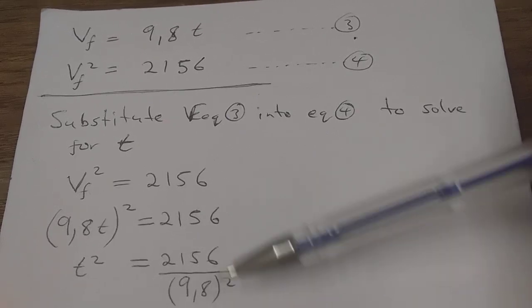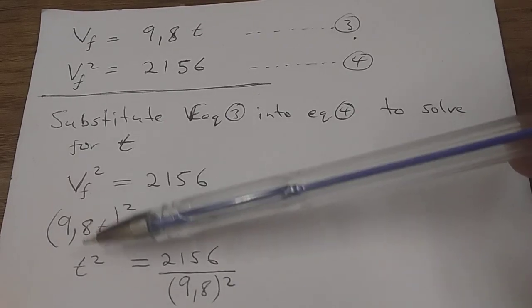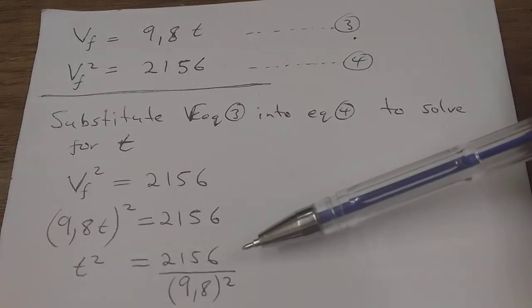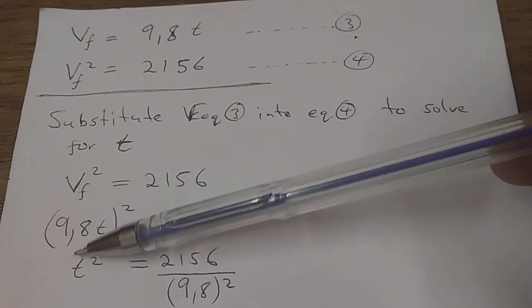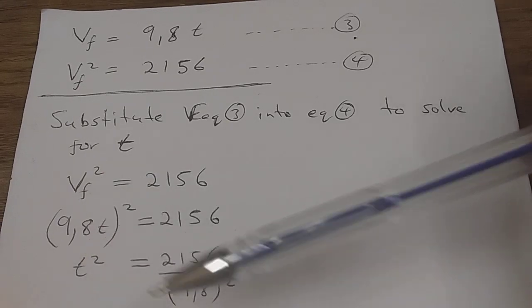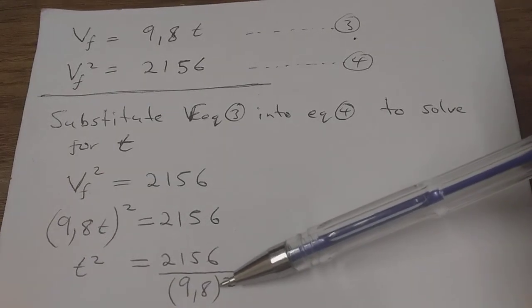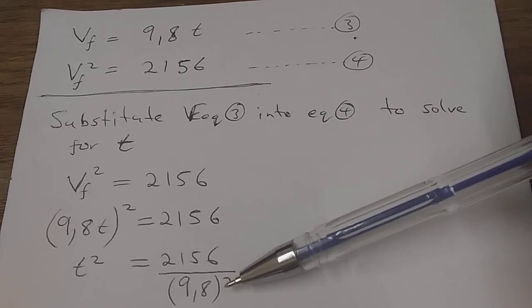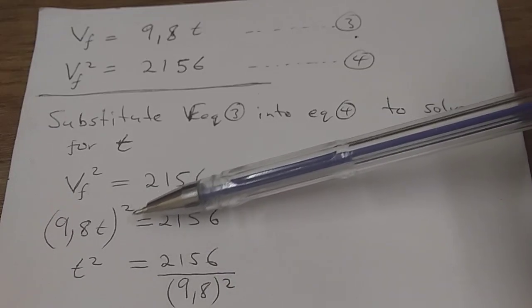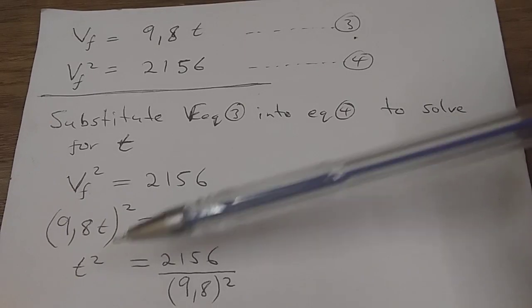What do you do now? You divide both sides by 9.8. Once you divide both sides by 9.8, it vanishes, and then this side will become 2,156 divided by 9.8. And remember, it's a square. Don't forget to square the t.